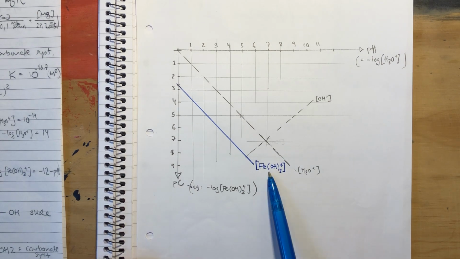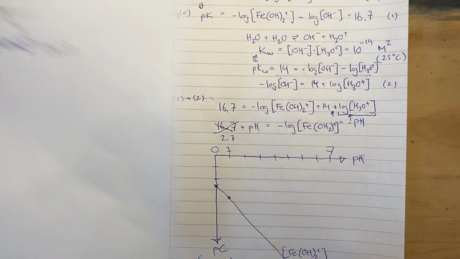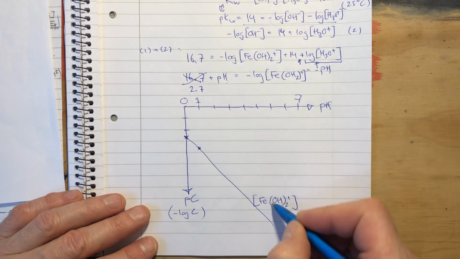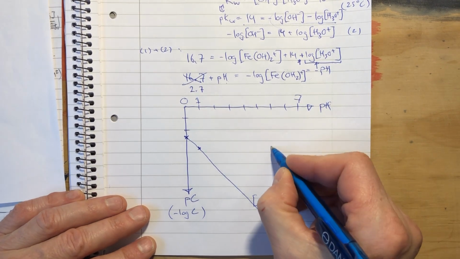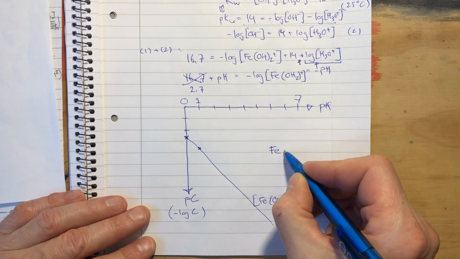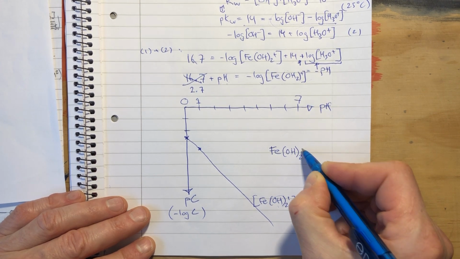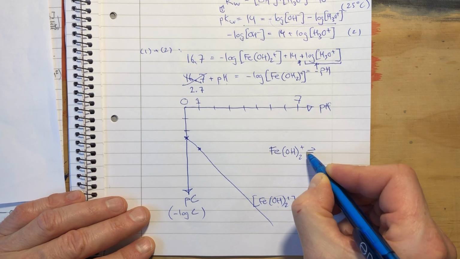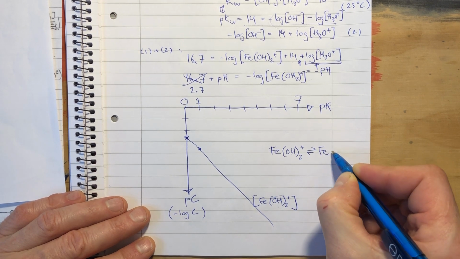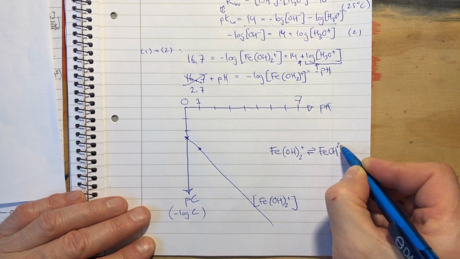Now, the iron here can actually give away another hydroxide ion. So there are more equilibrium equations in play here. For instance, this one can give away another ion, resulting in this component here.